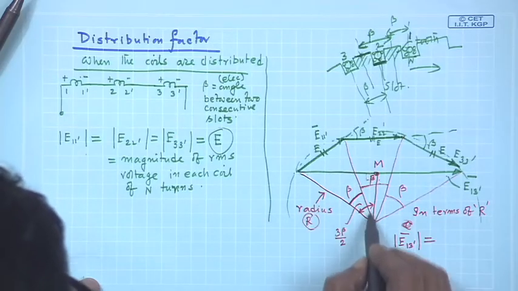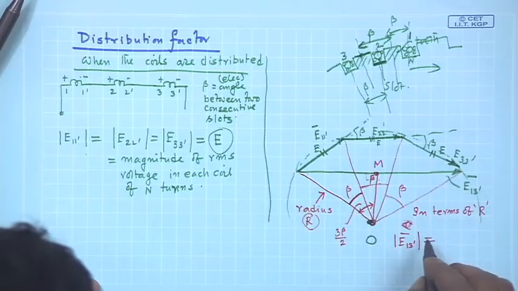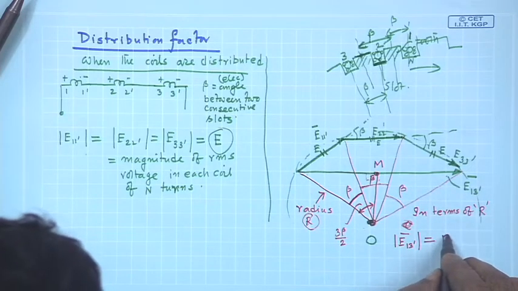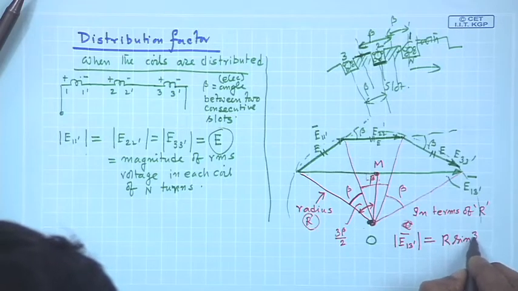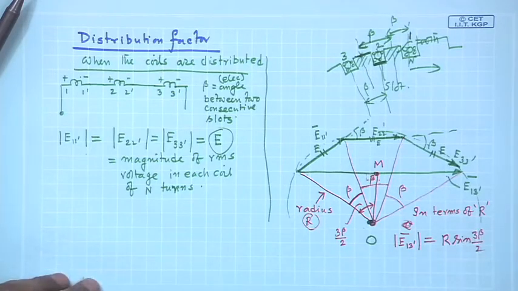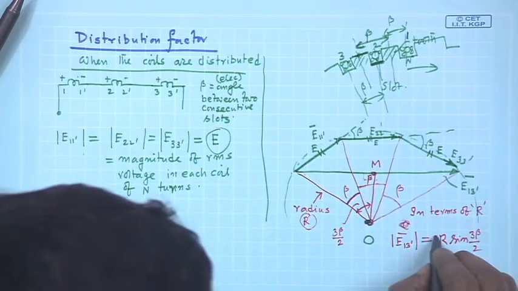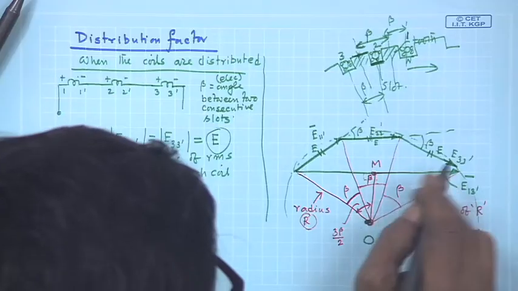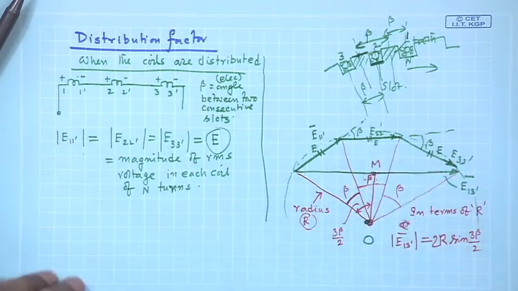So, from this right angle triangle, half of this length is nothing but R into sine 3 beta by 2, into 2 then, because this length, this plus this is the resultant, and these two are equal because a perpendicular dropped from the center of a circle bisects any chord.